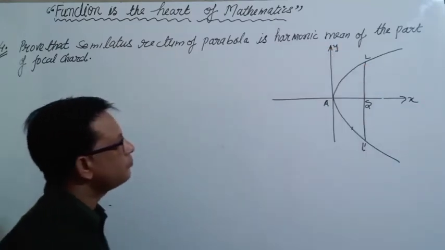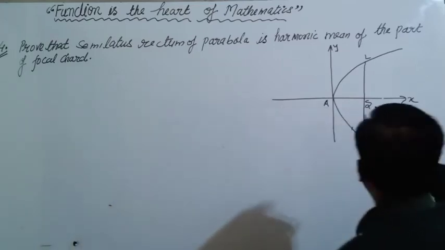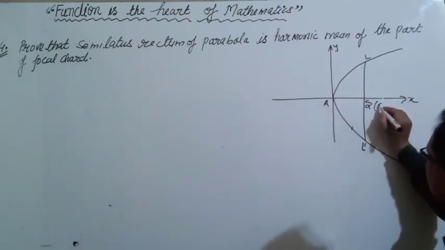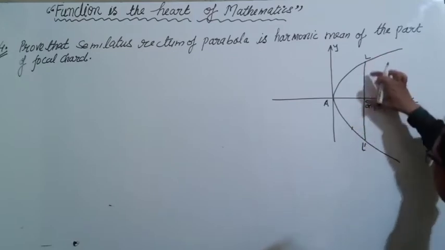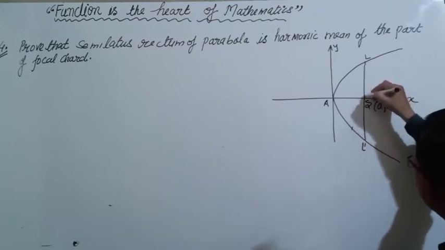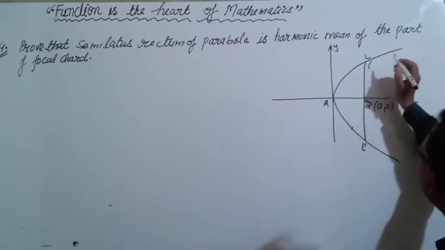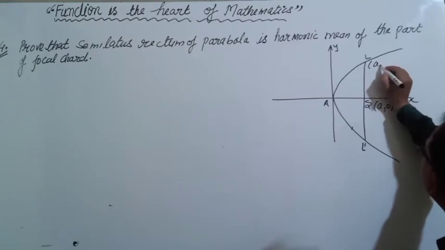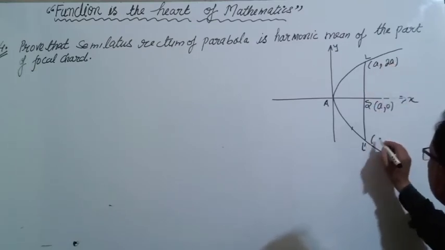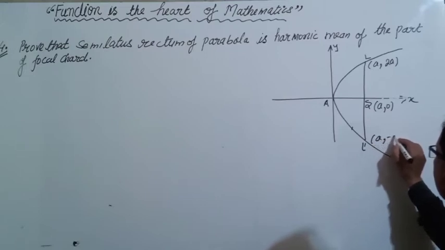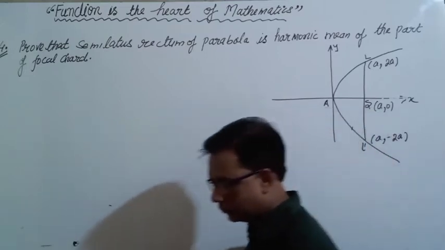Okay. So the coordinate of the focus is a, 0 and the total length is 4a. So here this length is 2a and this is also 2a. The coordinate of point L is a, 2a and the coordinate of this point is a, minus 2a.